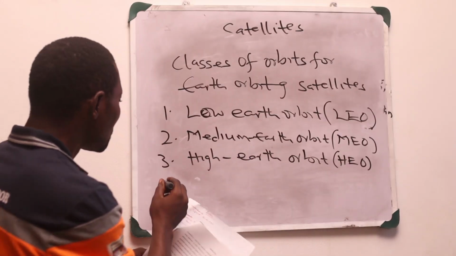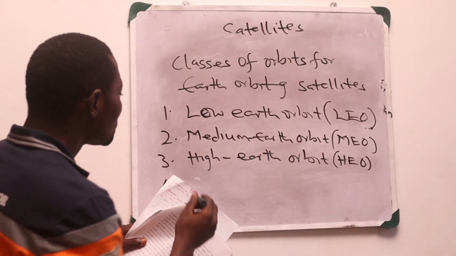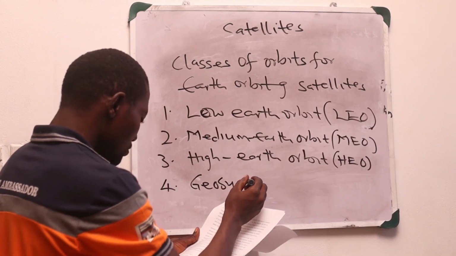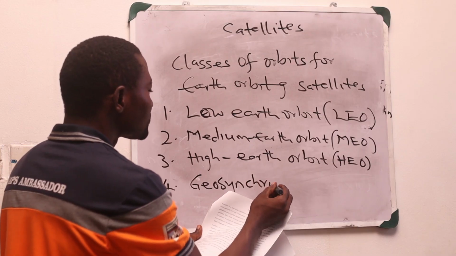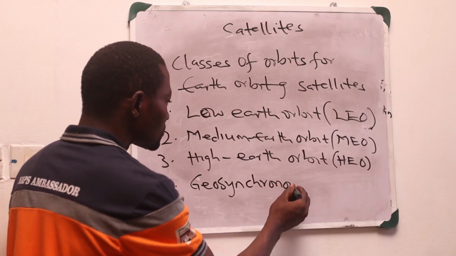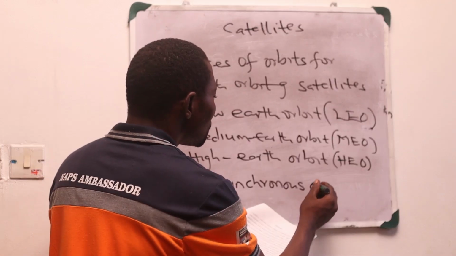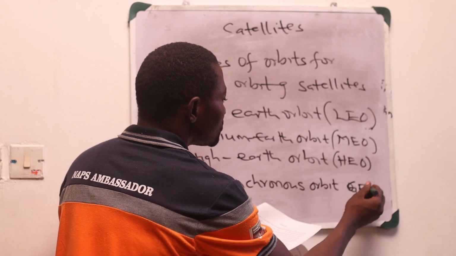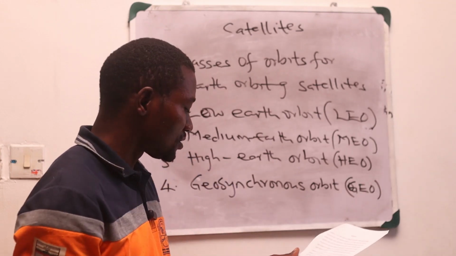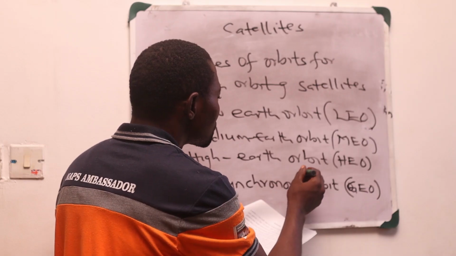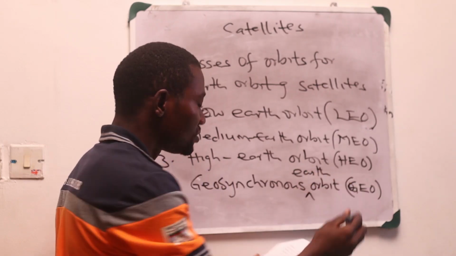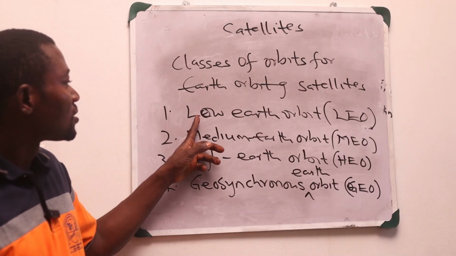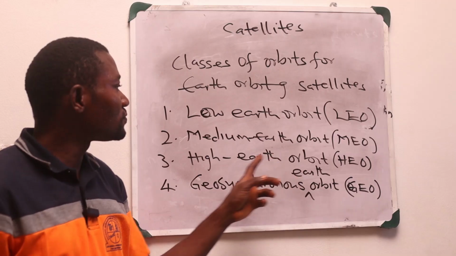High Earth orbit, and the last but not the least, geosynchronous orbit. Geosynchronous Earth orbit. So for satellites that are launched in space, fall under any of these.